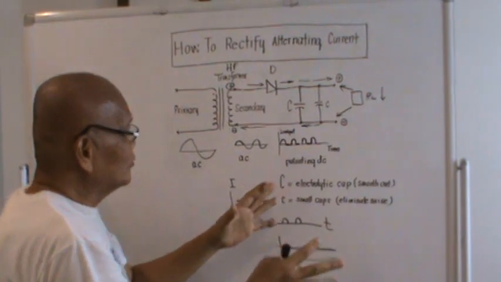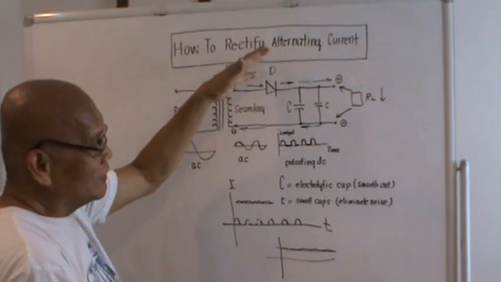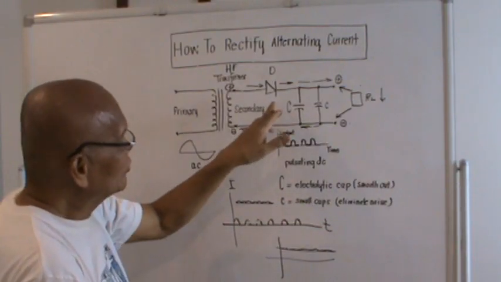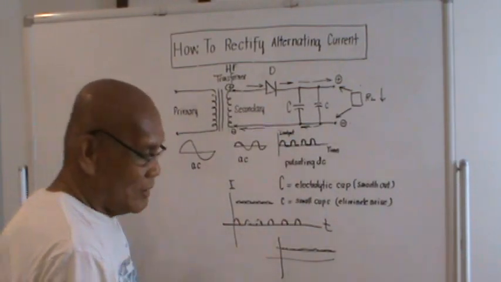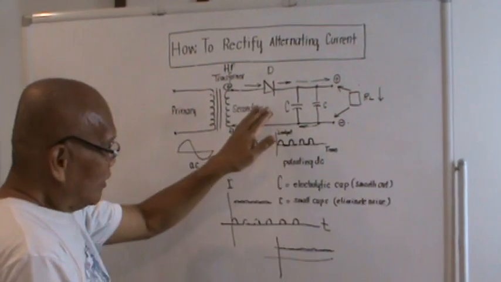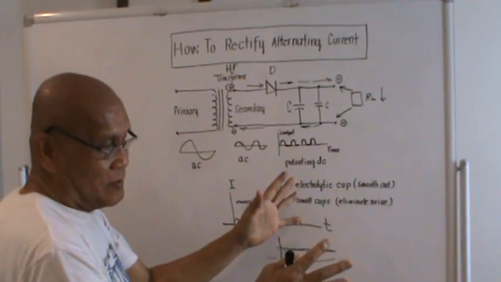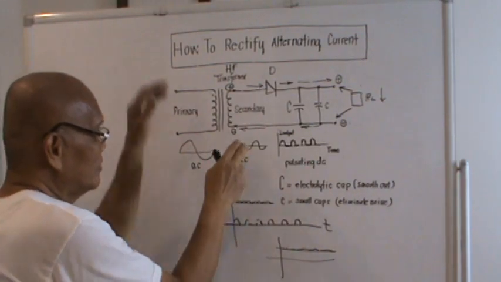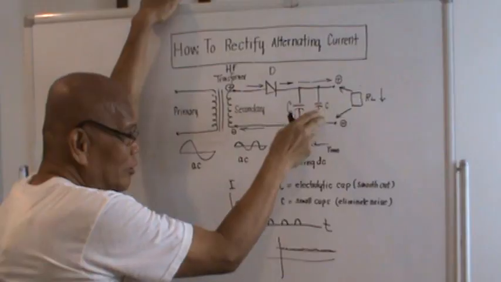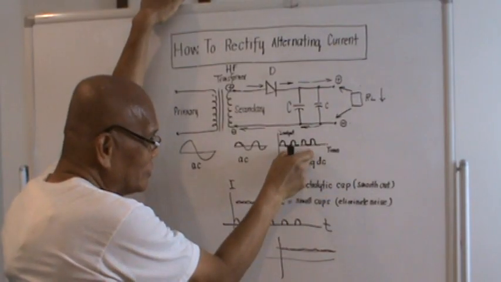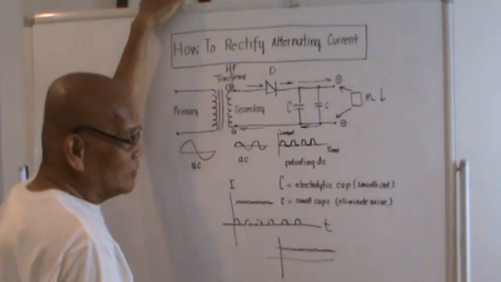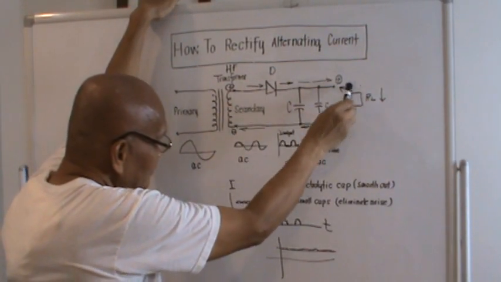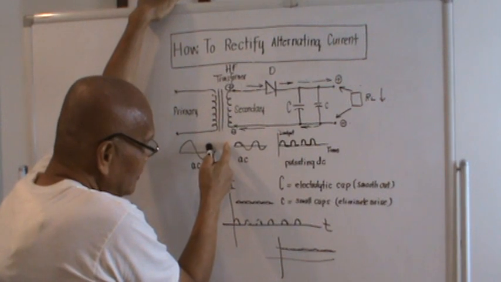Okay, that's how to rectify alternating current to a direct current. I just indicated here a single or half wave. Anyway, the operation is just the same. I just discussed how the current passes through the diode to obtain a pulsating DC. I will try to repeat it. During the positive alternation, the current will be in this direction here. It goes back here.